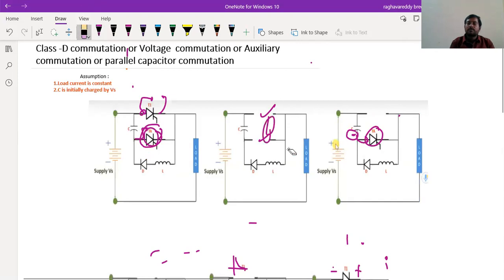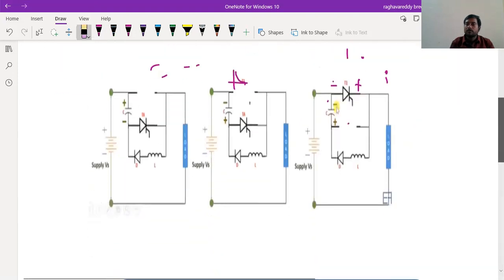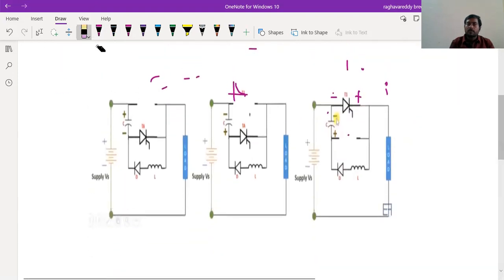When Ta is open circuited, the capacitor is charged in this direction, in this way. Now let me clean this one so that you can see better.